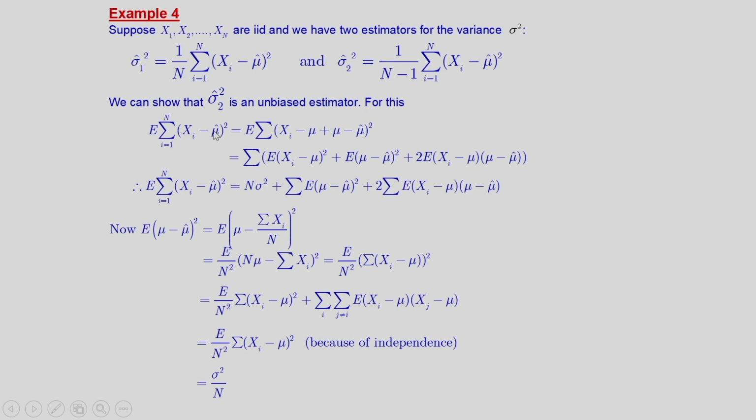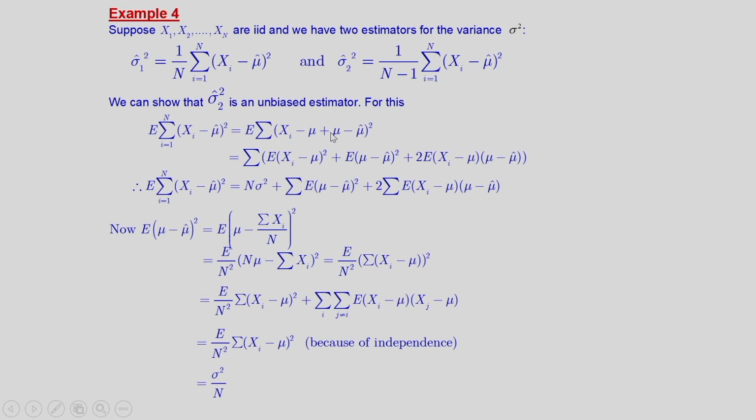E of xi minus mu hat whole square. First we will determine E of xi minus mu hat whole square, i going from 1 to n, which we will write in terms of mu. So, xi minus mu plus mu minus mu hat whole square. Now we can expand this quantity. The first term will be E of xi minus mu whole square.